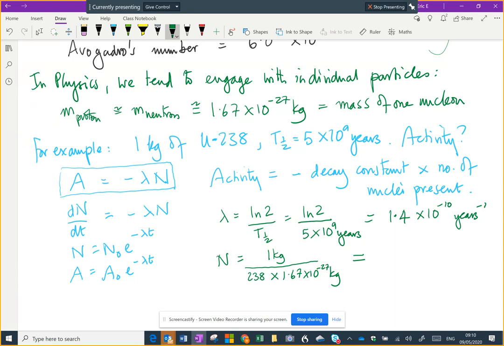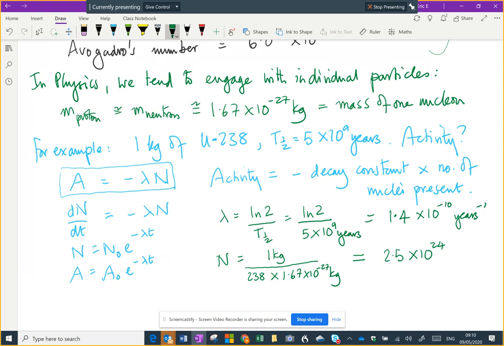Avogadro, phooey. Chidi, you've got your calculator there. Tell me how many nuclei we've got. N is the number of nuclei. Okay, so that's just a number, so no unit.